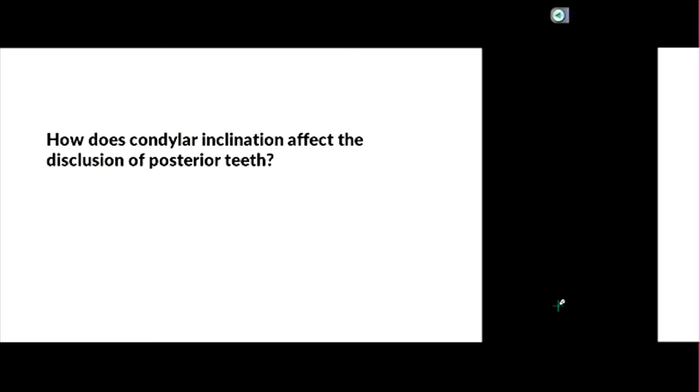Okay, you're going to turn the little knob. What do you notice about the space between the second molars? As you go from 0 to 60, what do you notice about the space in the second molar?